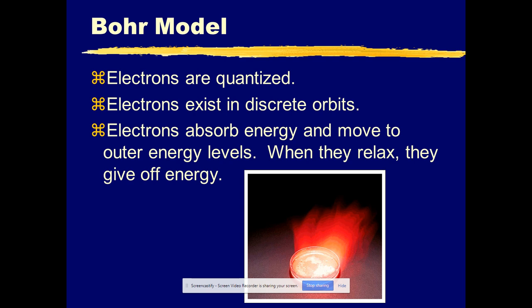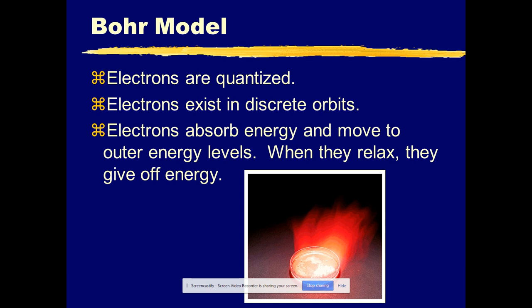Two, electrons exist in discrete orbits. So remember, Bohr thought that the electron orbited the nucleus. Finally, electrons absorb energy. When they get excited, they move to outer energy levels, and then when they get pulled back towards the nucleus by the protons, they release energy, and some of that energy we can see in the form of light.